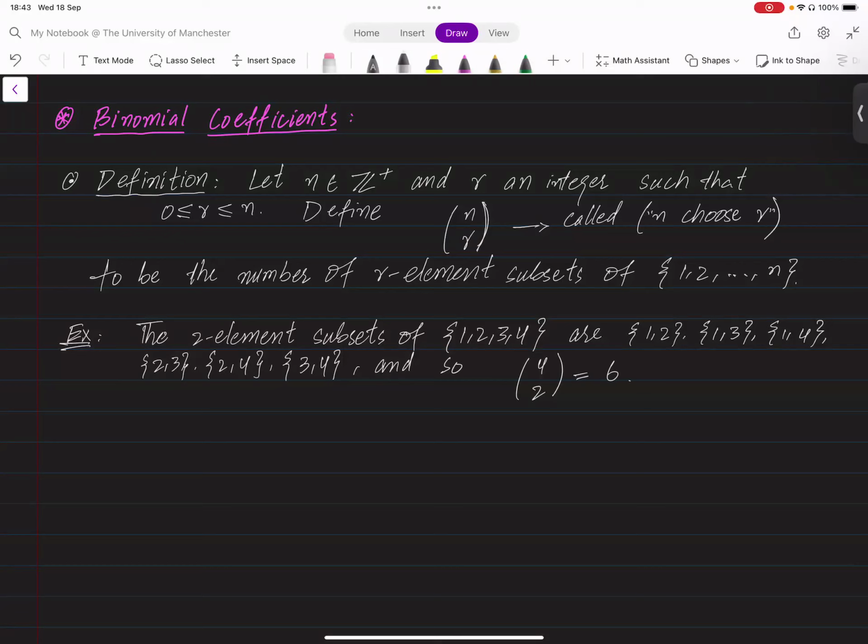Now, it's not easy and it's very lengthy to find the number of subsets and then write this number. So what can we do?